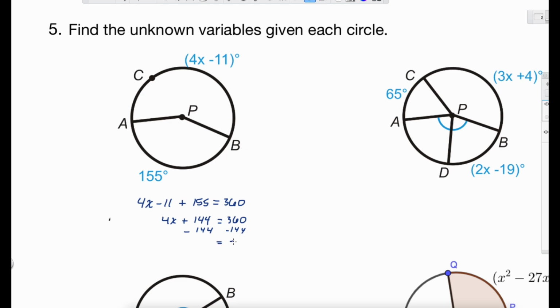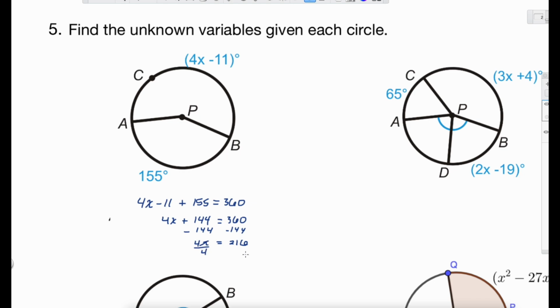That gives 216, so I've got 4x equals 216.